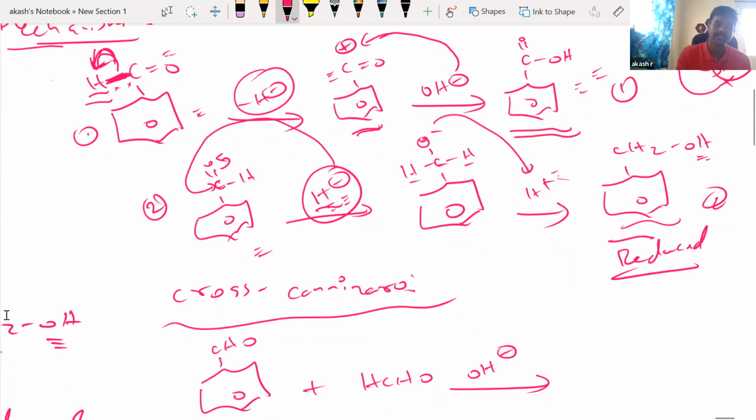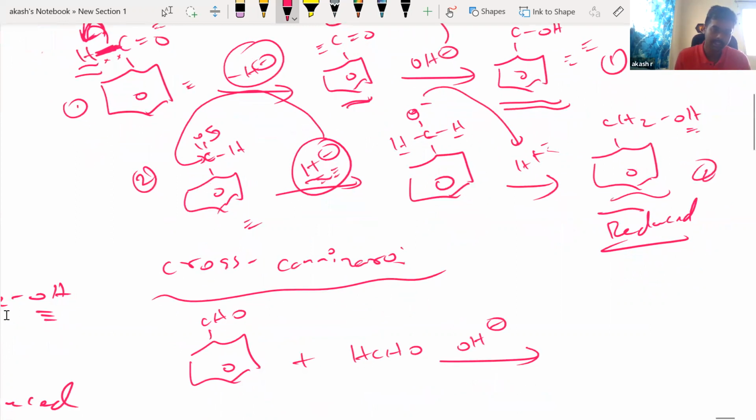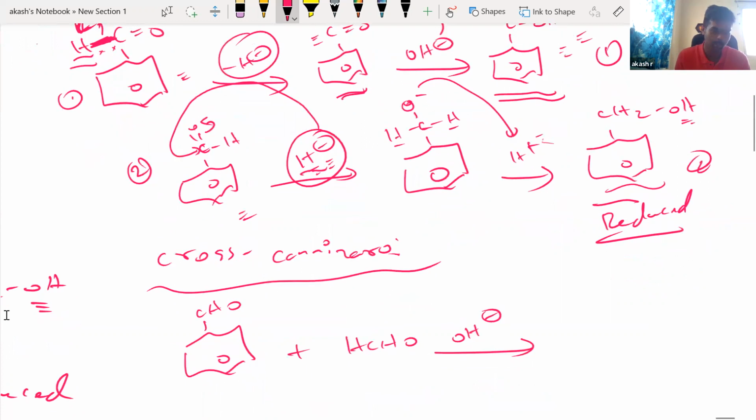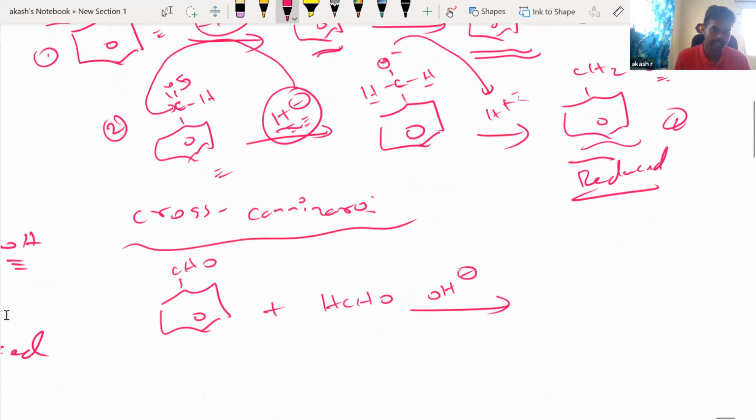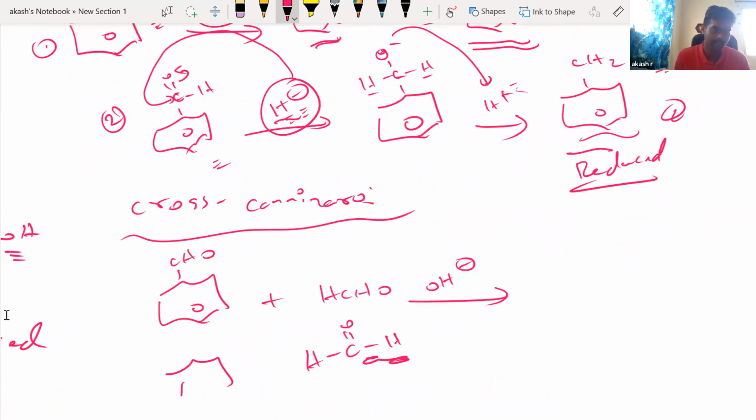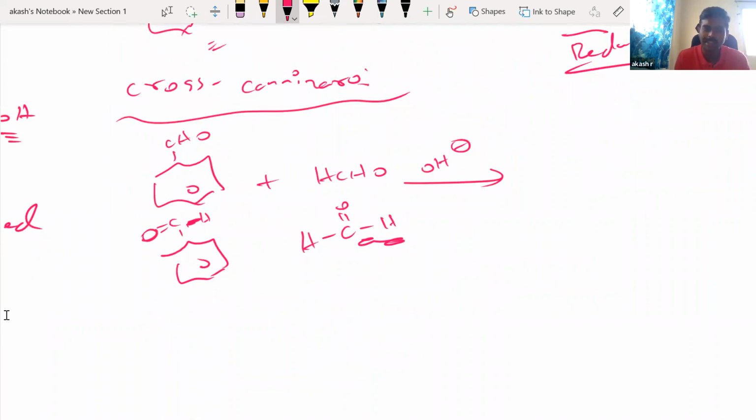So here we have this CH bond, and in this case we have this particular CH bond. Now you can easily understand. You don't have to go into the details of which bond is stronger as such. You have to understand that the CH bond here is the stronger CH bond.